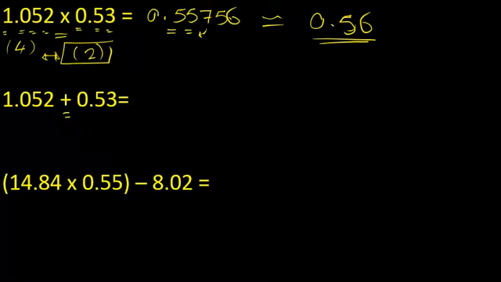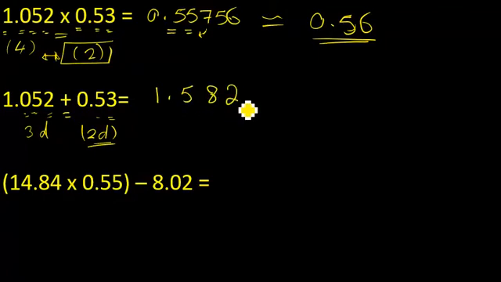This is addition. So we just said earlier, addition and subtraction, we follow the least number of decimals, right? So how many decimals in here? 1, 2, 3. So this is 3 decimals. And what about this? 1, 2. This is 2 decimals. So we will follow what? We'll follow the 2 decimals. So what's the answer for this? It's 1.582.